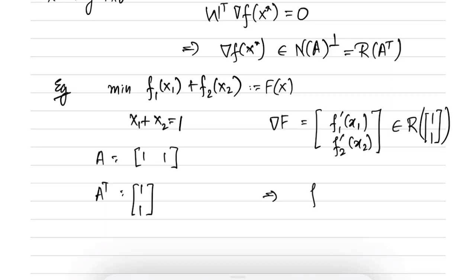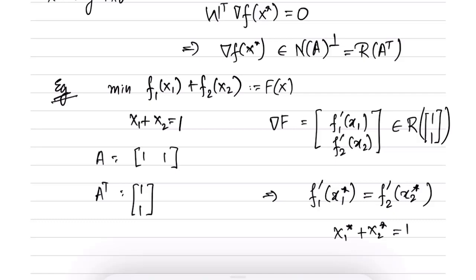So essentially we are saying that the optimal point would satisfy that f1 prime of x1 star is equal to f2 prime of x2 star, right? So this is again the optimality condition for this example problem. In addition to this, we also have the condition that x1 star plus x2 star is equal to 1.